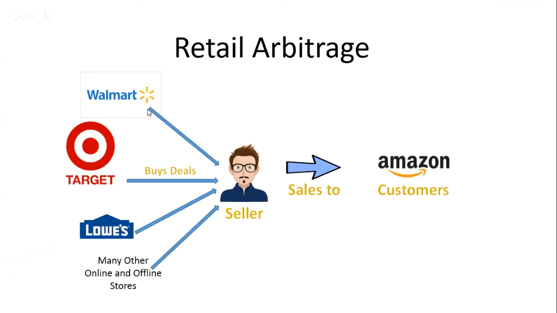So you will not be creating your own listing. It will be the existing listing because Nike is already there in the Amazon marketplace. It will not be something where you create the Nike brand, because the Nike brand you cannot create.